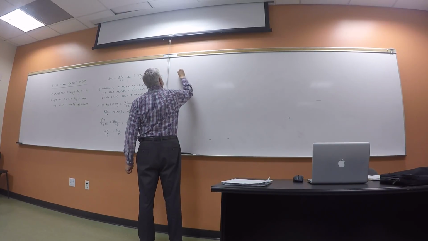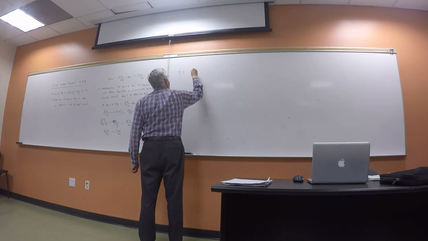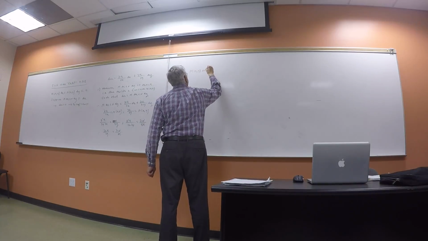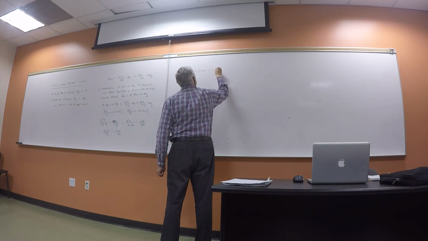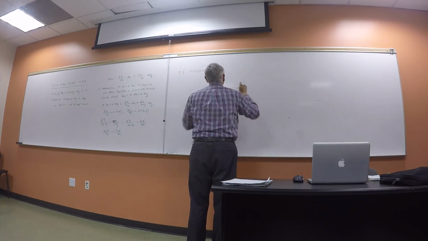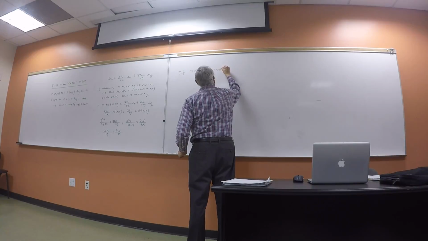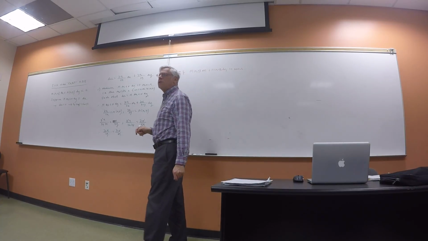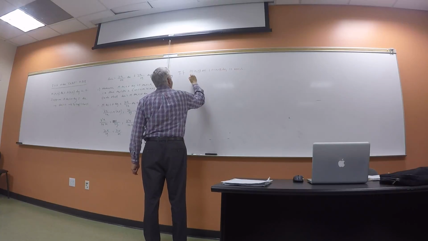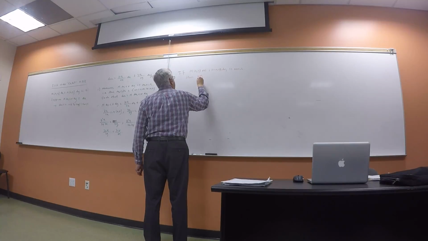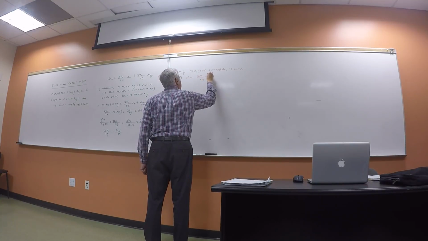So, if m of x, y dx plus n of x, y dy is exact, again, what I mean by exact is that it's just the total differential of some scalar function u, then we must have partial m partial y equals the partial of n with respect to x.